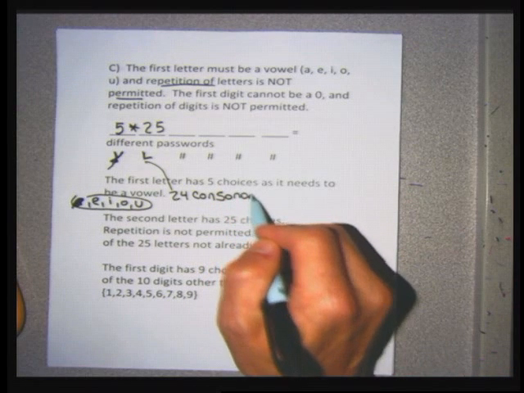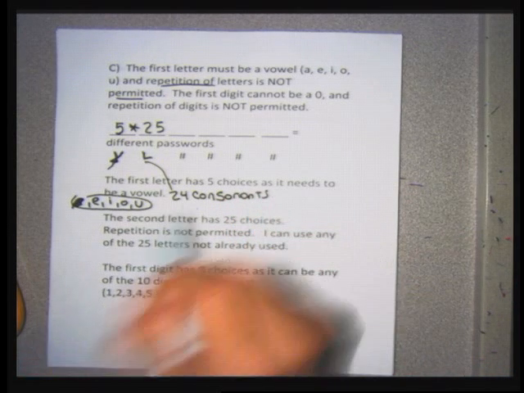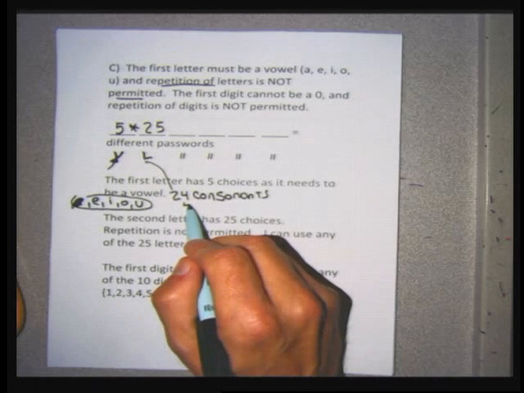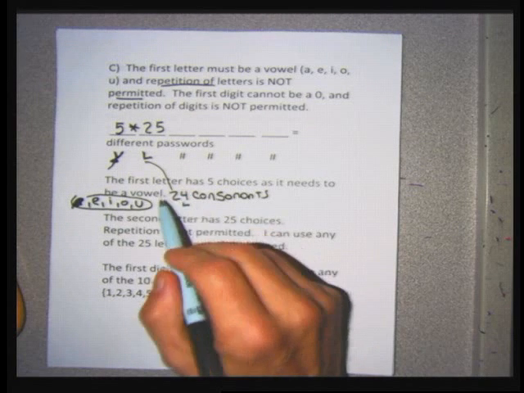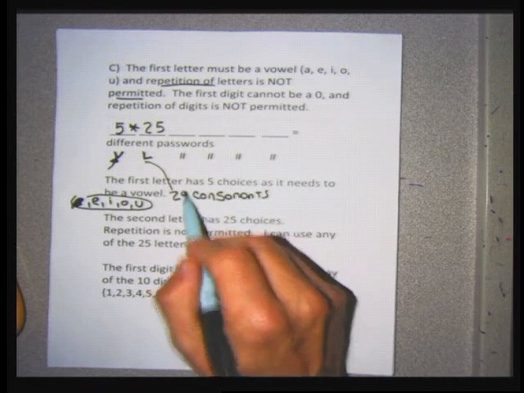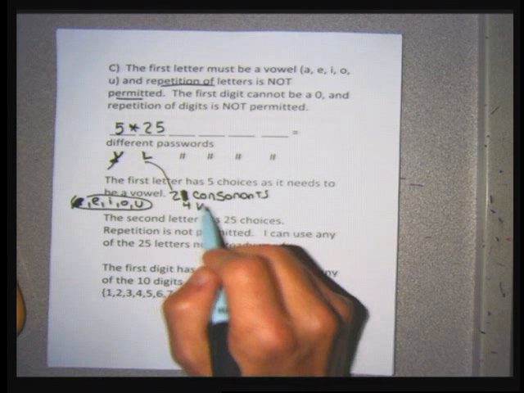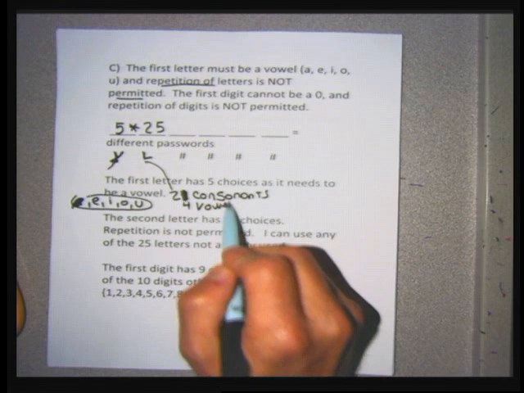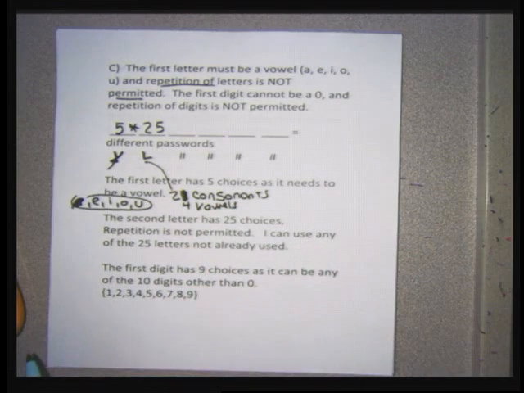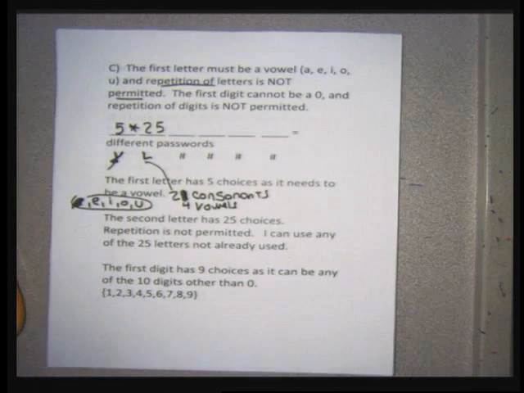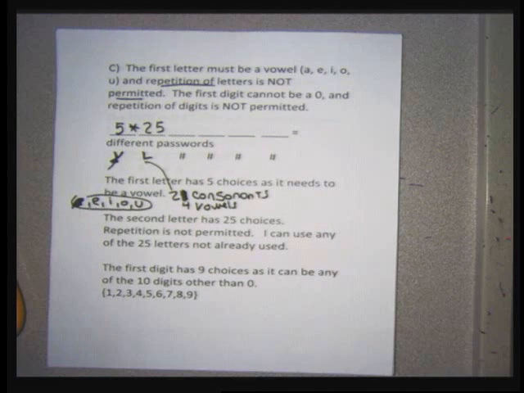There are 21 consonants and 5 vowels, and what's left to pick for my second letter is 21 consonants and 4 vowels, so there's 25 letters left. So that's the letter part.